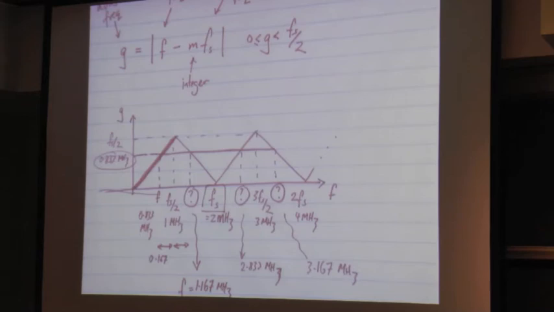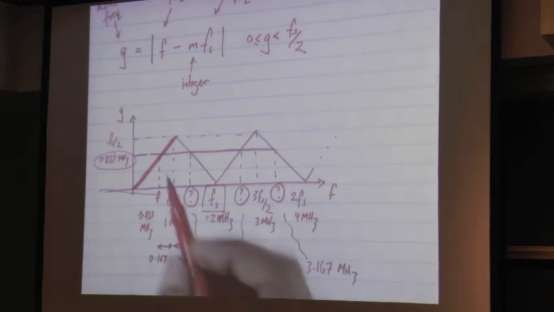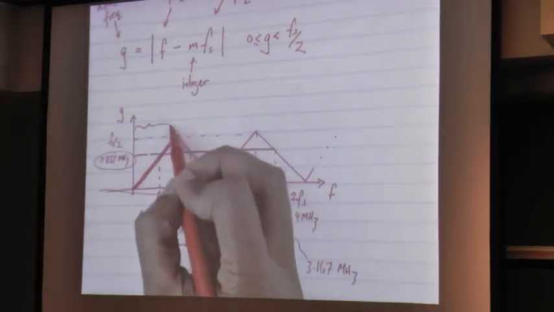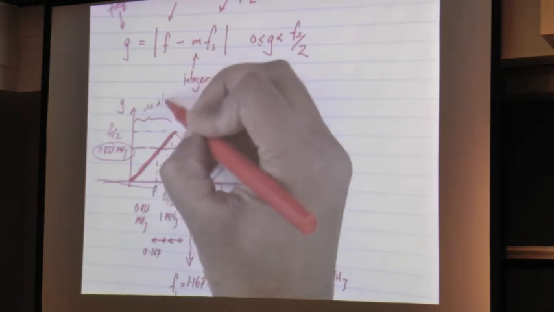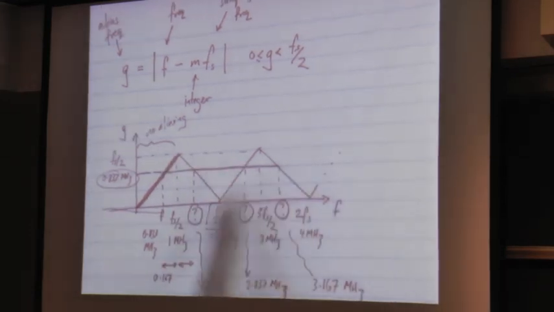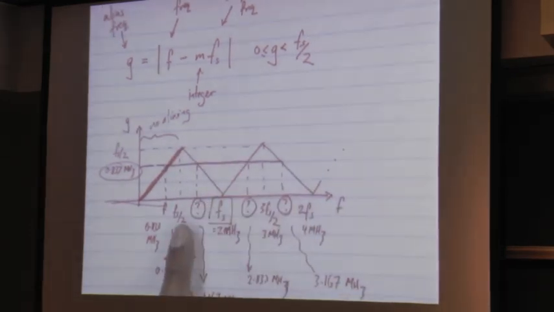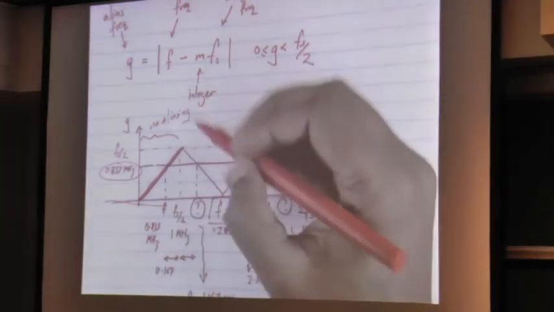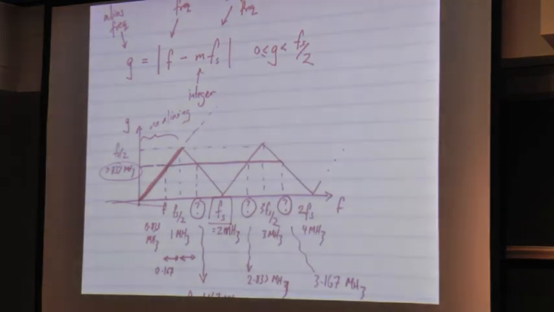That maps any value to itself. So no aliasing happens here. And then for any higher value of f above fs divided by 2, you're off that curve which continues up in that direction. You're off that curve, so your g is no longer equal to f.